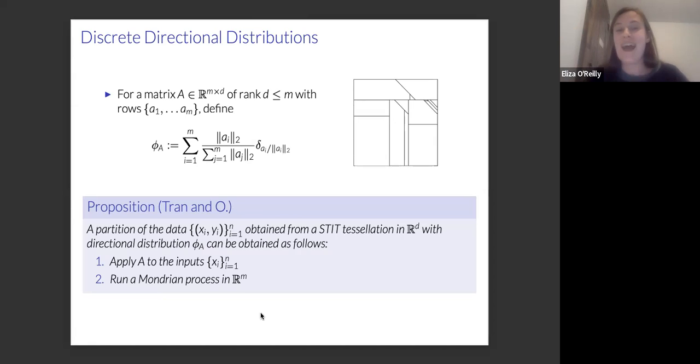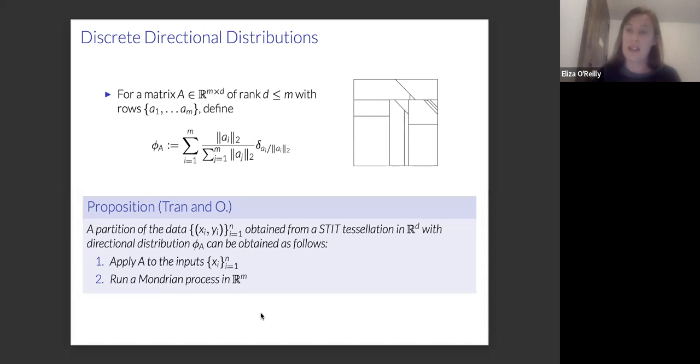The reason that we define this specific class of directional distributions is that these STIT processes can be generated by first applying A to our data and then running a Mondrian process. So we don't actually have to deal with the more complicated STIT process generation to get a partition of the data induced by these STIT processes.